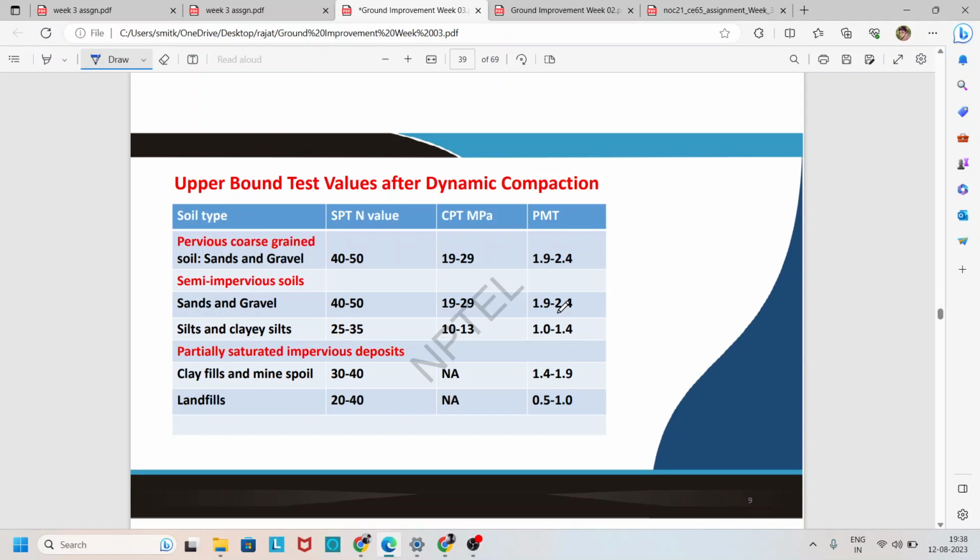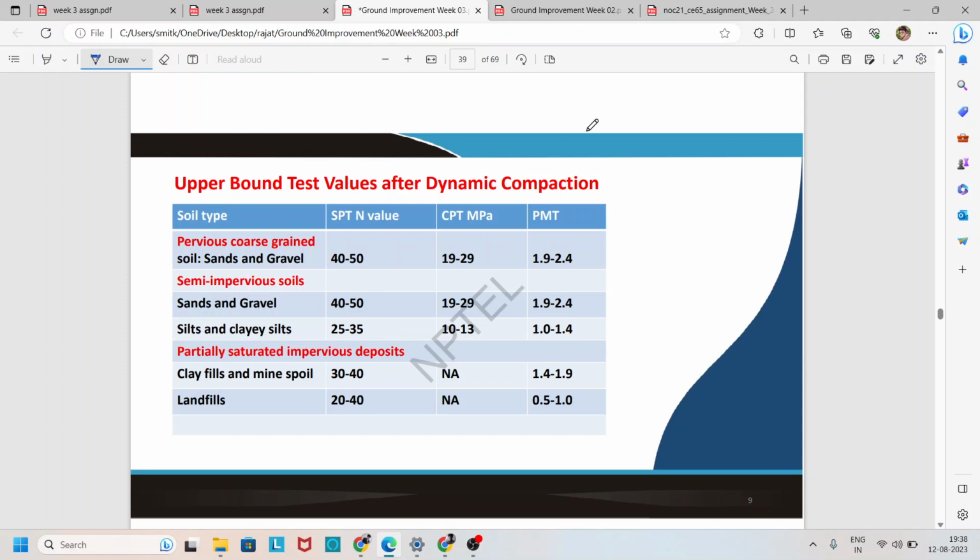That means for different types of soil. If the soil is pervious in nature, meaning the soil is gravel or sand and gravel, the SPT value is between 40 to 50. The CPT value is 19 to 29. So like that different values are given for different types of soil. These values are given after the dynamic compaction, after the ground improvement.